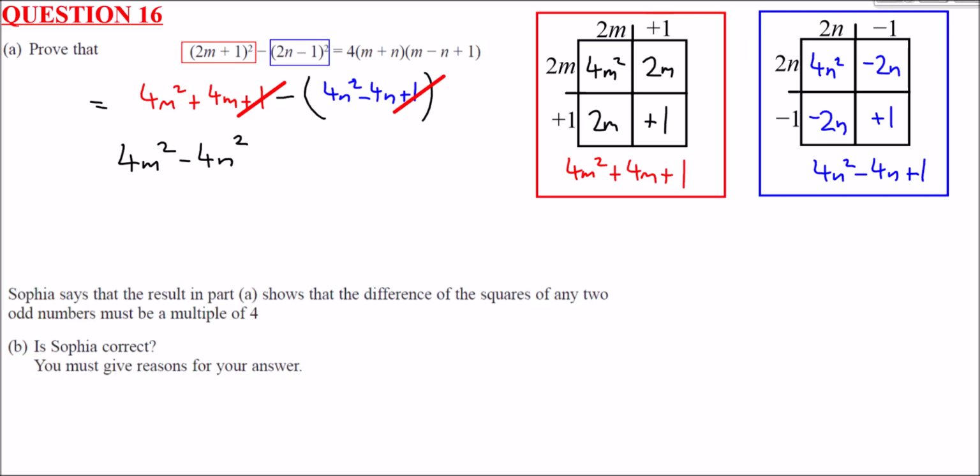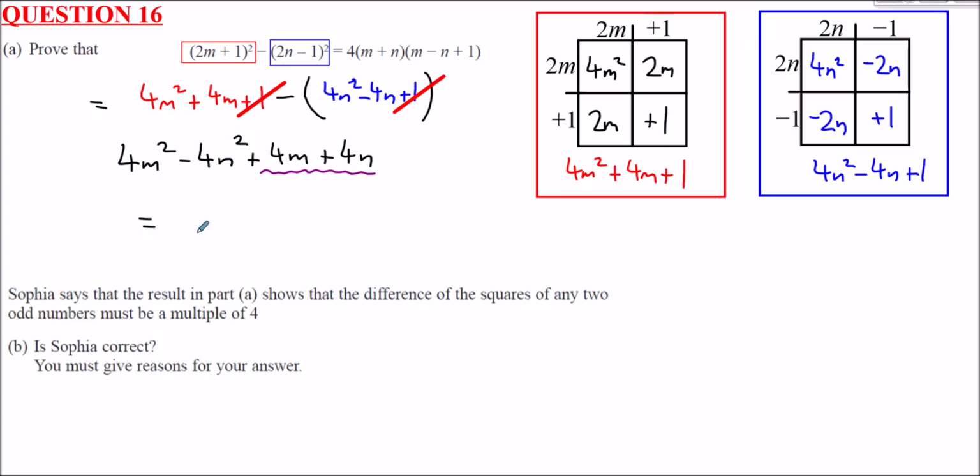And then I'll also have this 4m, then minus a 4n, minus a minus makes a plus, so then we have plus 4n, like so. And so this bit here, the 4 brackets m plus n, I can then just look at this and factorize out the 4 brackets m plus n from there.